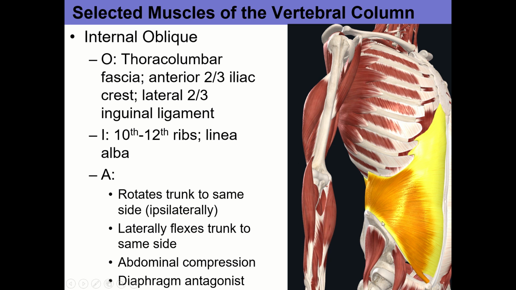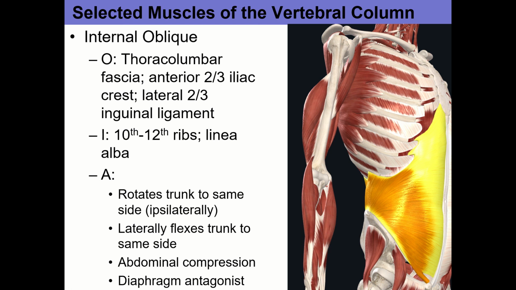So they originate all along here, and then it's going to insert along the ribs, but also into that linea alba where transverse abdominis also inserted. So the fibers run, again, from the posterior and inferior aspect to the anterior and superior aspect.